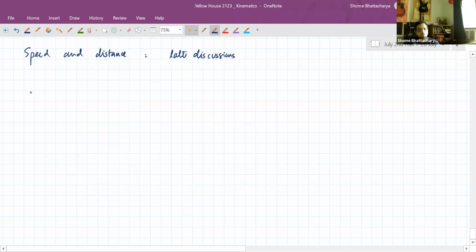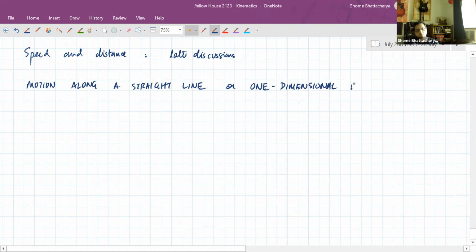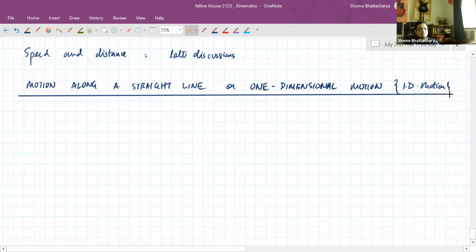Currently, what we'll move on to is the specific case of motion along a straight line, or what we call one-dimensional motion. In very short form, we just call it 1D motion. The name suggests what it means.